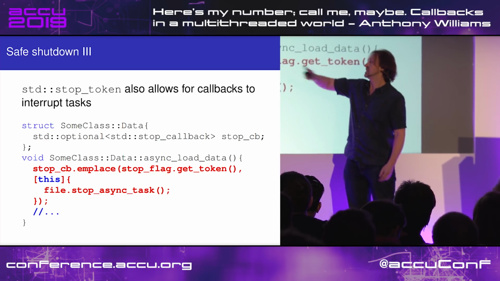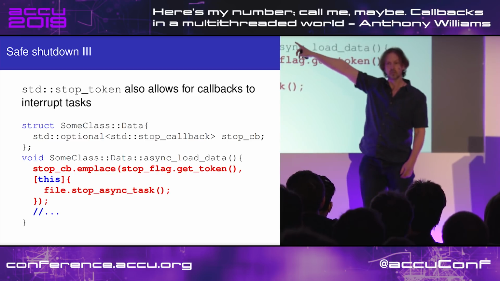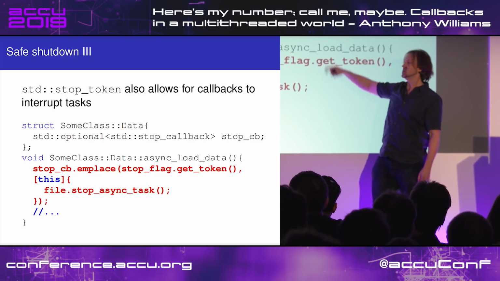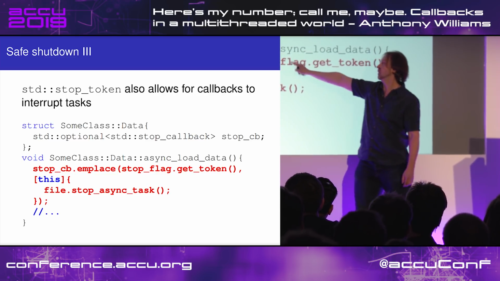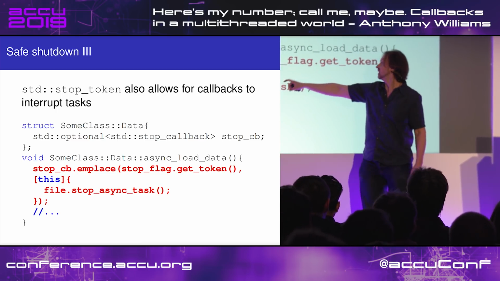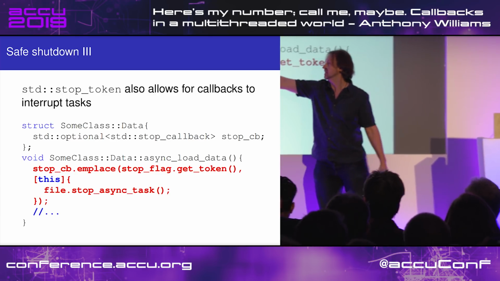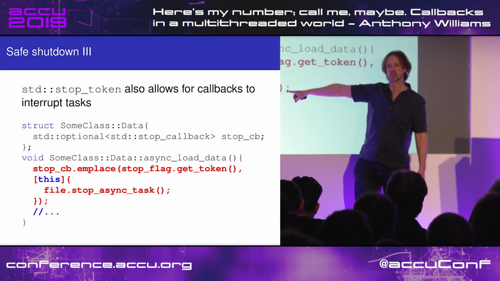So we can have a stop callback in our data, so that when we start the task, we register the callback, and we need a stop token to register the callback, incidentally, and the callback then says stop the async task that's running.